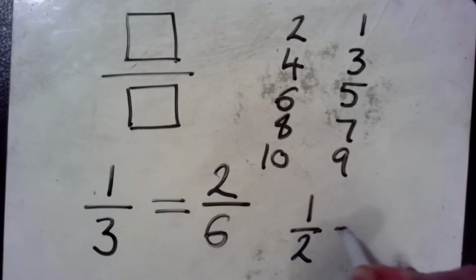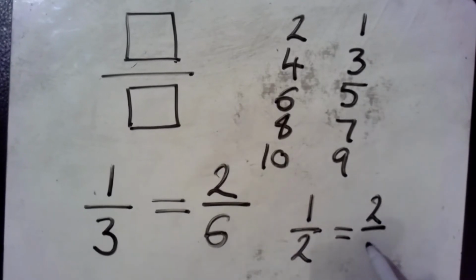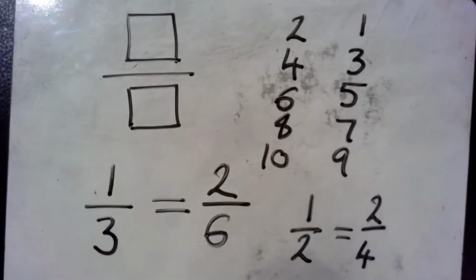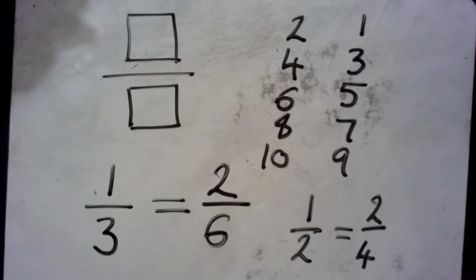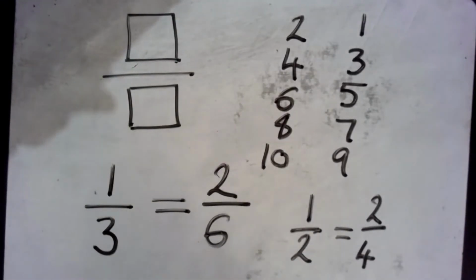Going in 1's on the top, I get a 2, and 2's on the bottom, I get 4. So again, I've got an equivalent fraction, the same way we've been doing it, and it's got even numbers again. Is that always the case or not? Have a play around and see if it always gives you even numbers, or whether there are some that don't.